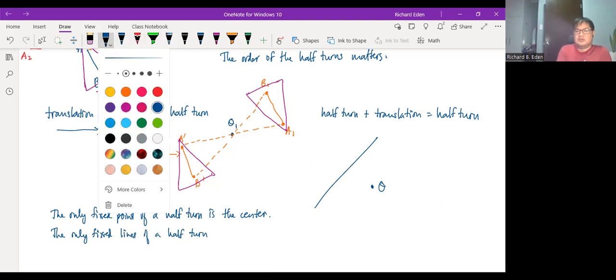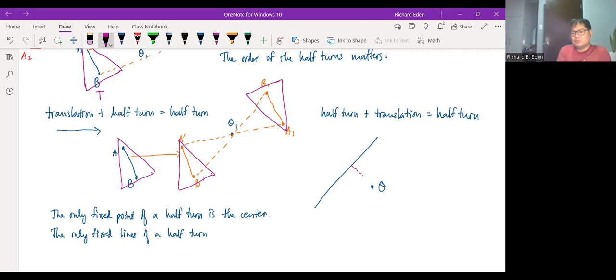Now, if you take, for instance, the point on the line that's closest to O, and then call that point P, then the image is going to be this other point Q. And then the image of line L should be parallel to it, but this time it would pass through point Q. So this would be the image L prime.